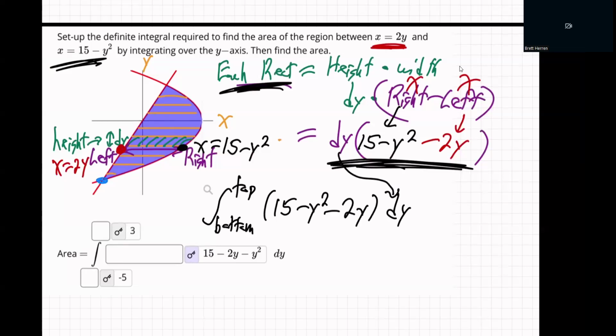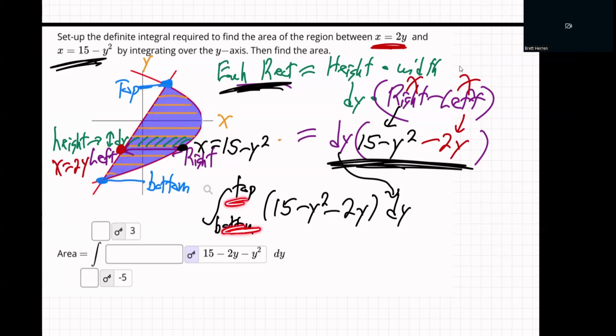Well, here's the bottom. We need the bottom y value. Bottom and top, those are y values, up and down. And this point right here is the top, because we're going to add up the rectangles from this bottom all the way up to this top.